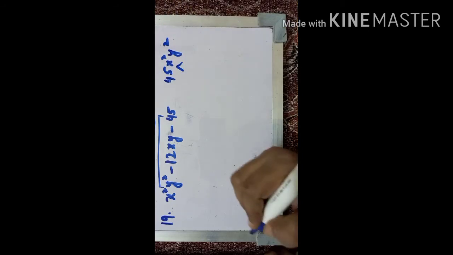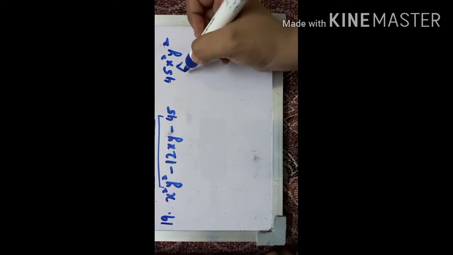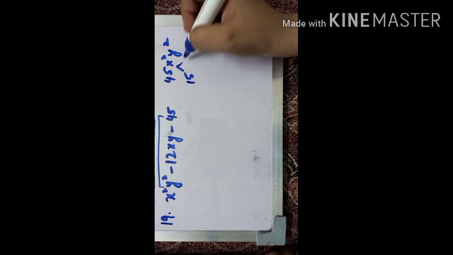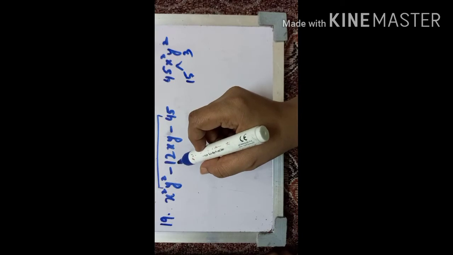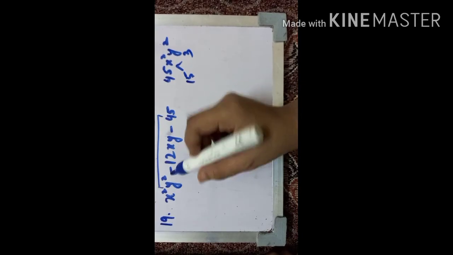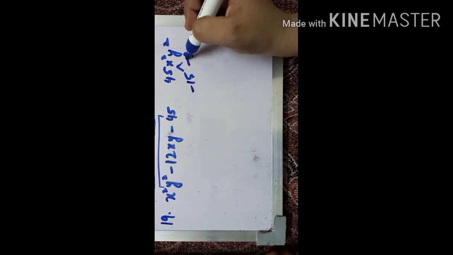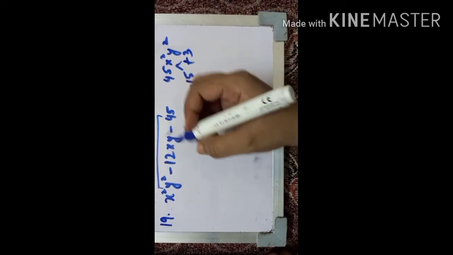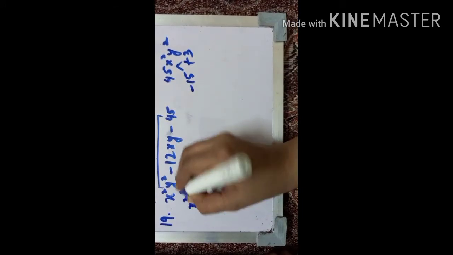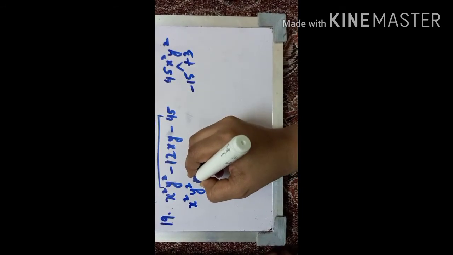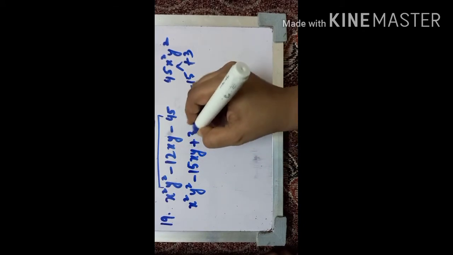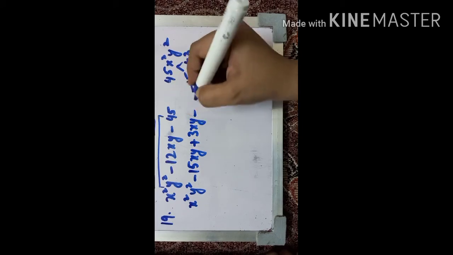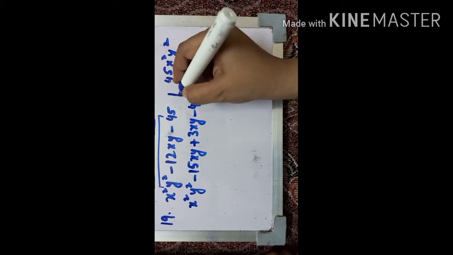Now this 45, how can you write? 15 threes will be 45, right? 15 threes will be 45, and 15 and 3 when you subtract you will get 12 also. But here minus 12 is there, so let us write minus 15 plus 3. So here x square y square will be as it is, minus 15xy plus 3xy, then minus 45 as it is.